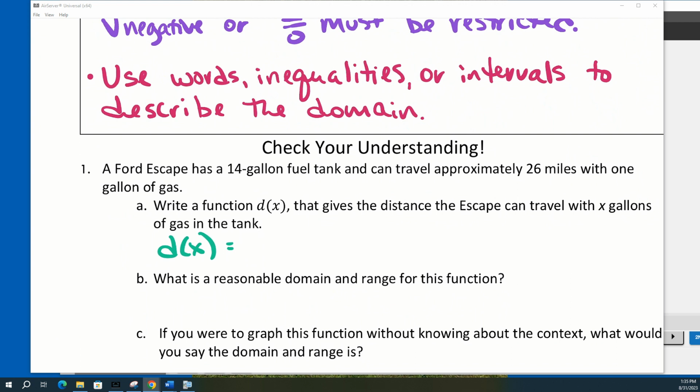If x is the gallons of gas in the tank and we want to know how far it can drive, what would we multiply that by? 14 or 26? 26 miles per gallon times how many gallons? We'll use 14 in a minute. So that's the function that would give us this information.